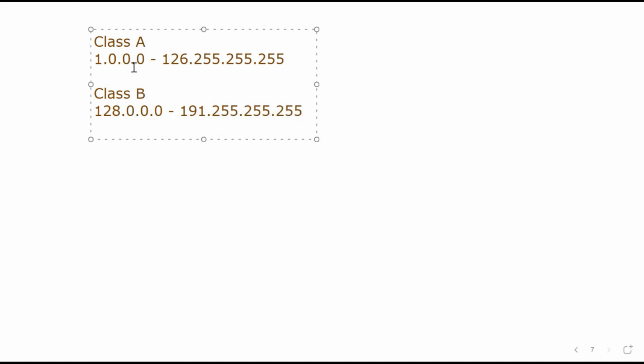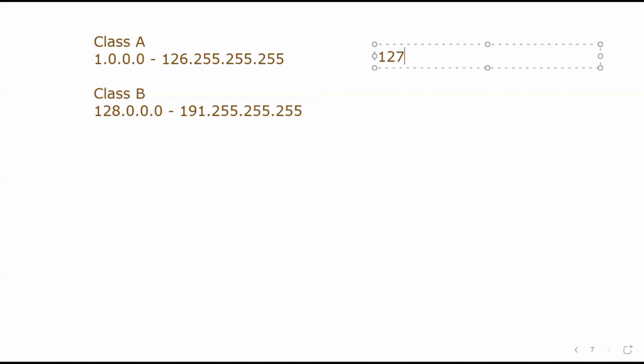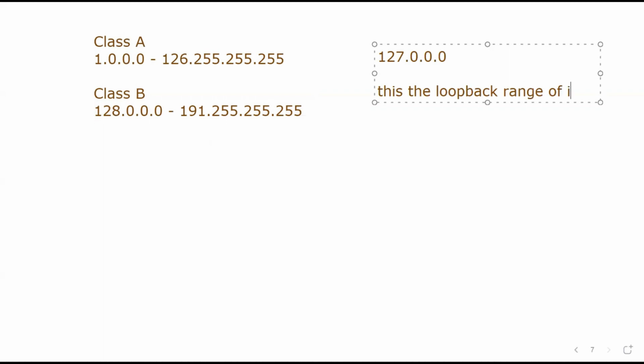Okay. So one range is missing. Which range? 127.0.0.0. Why is it missing? This is the loopback range of IP. It is used at the time of remote desktop.